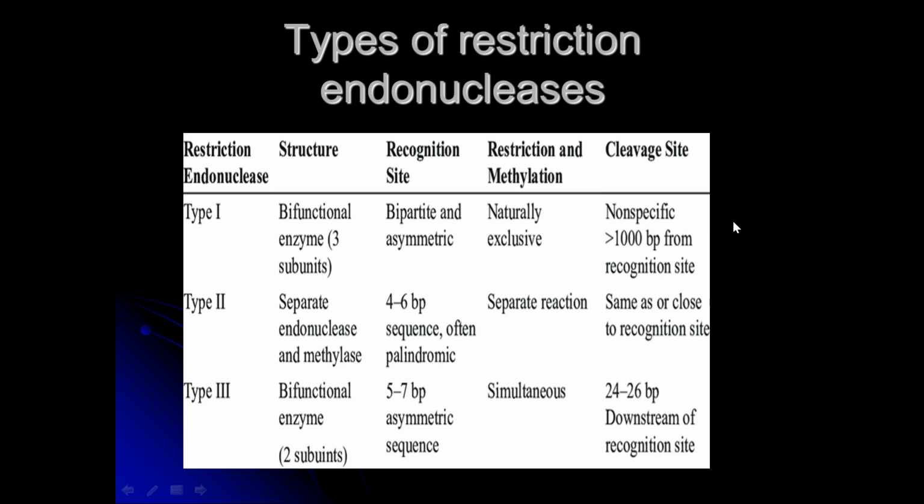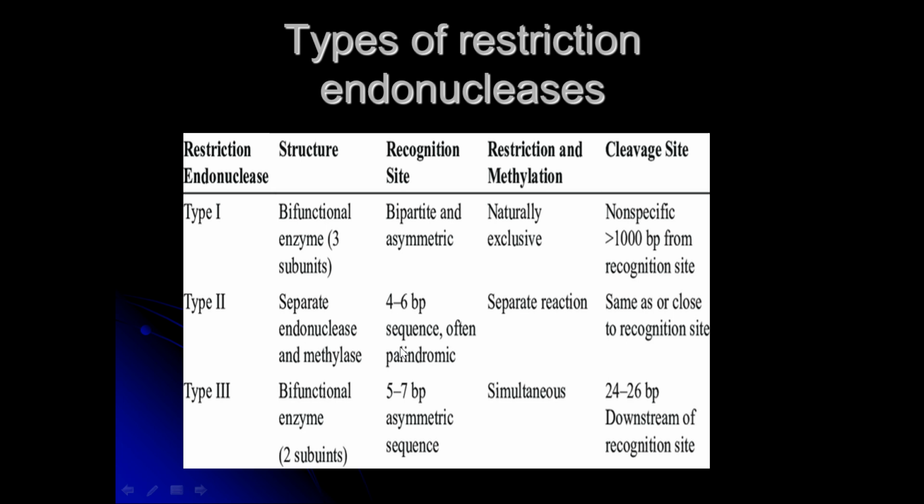Type 2 has separate endonuclease and methylase activity, meaning they have separate functions. Type 3 is the same as type 1, a bifunctional enzyme acting as both endonuclease and methylase. The recognition site of type 2 is a 4 to 6 base pair sequence, often palindromic.